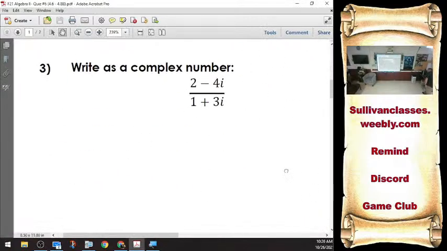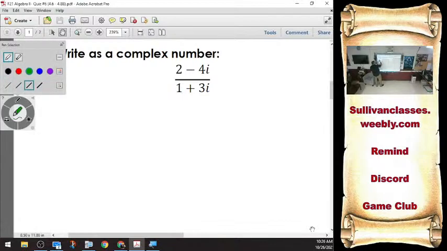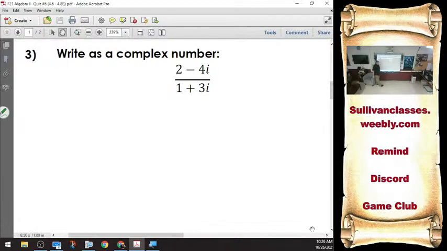Okay, simplifying kind of sounds like an oxymoron. Simplifying complex numbers. Step 1. We just did it in our daily quiz. Multiply by the conjugate. Okay.